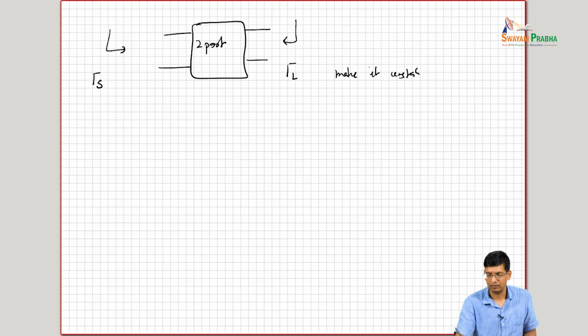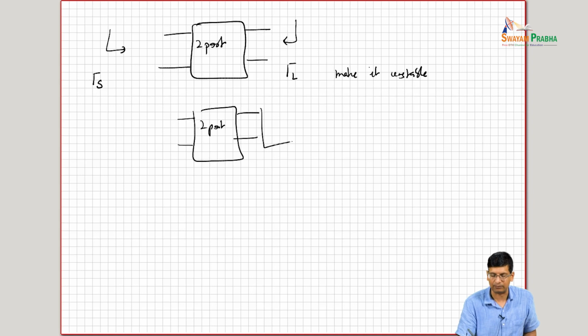So you design some sort of matching network because you know what you are trying to match to.